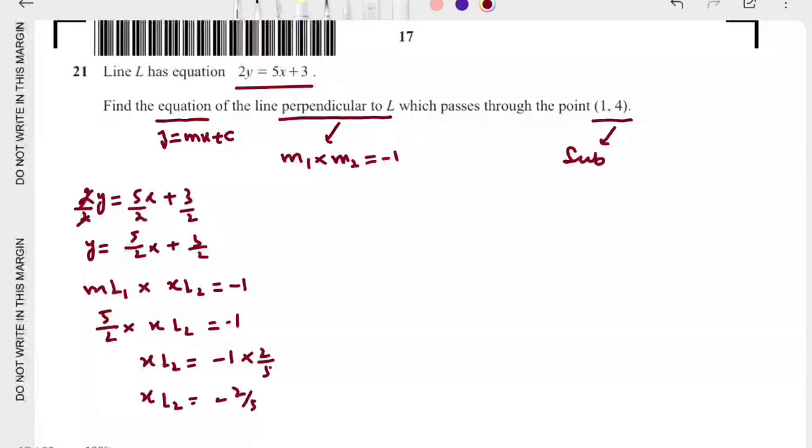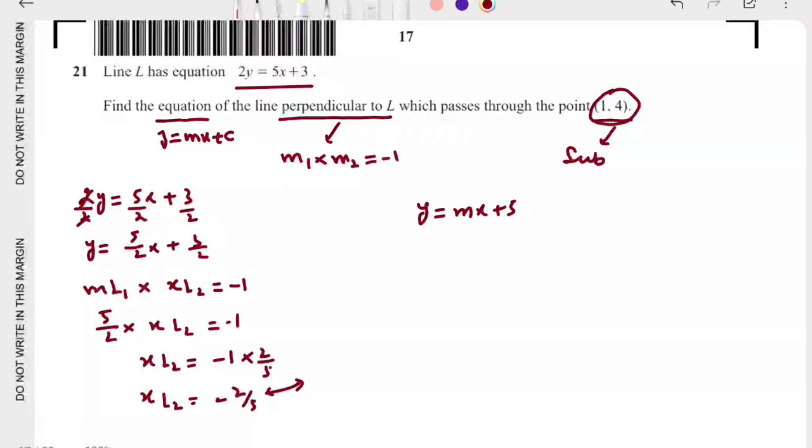Now we have to find another equation that is passing through (1, 4), and the gradient would be this. So we write y is equal to mx plus c.